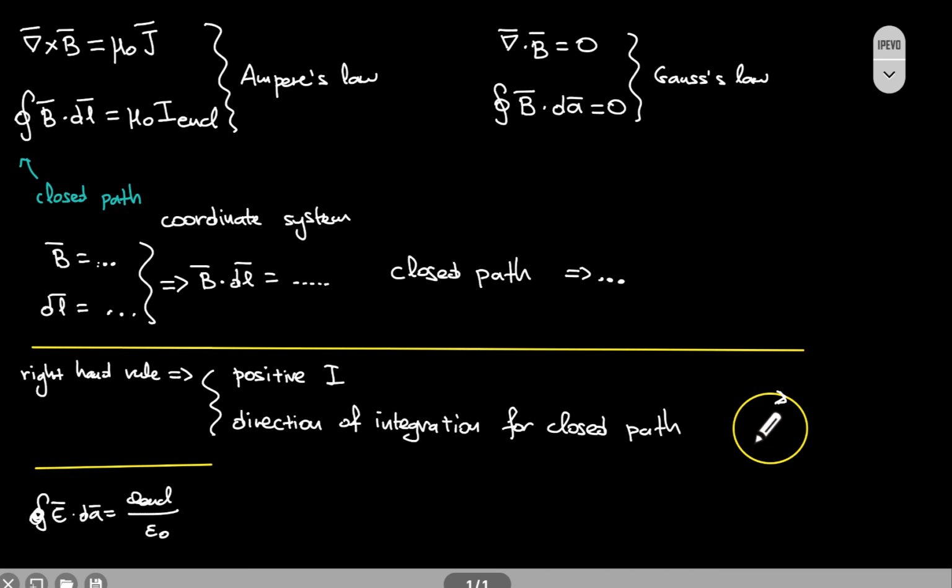Now if you take your right hand and you curl your 4 fingers in the clockwise direction, you will find that your thumb shows you a direction that is into the board. This means that a positive current, in this case, needs to be moving into the page.